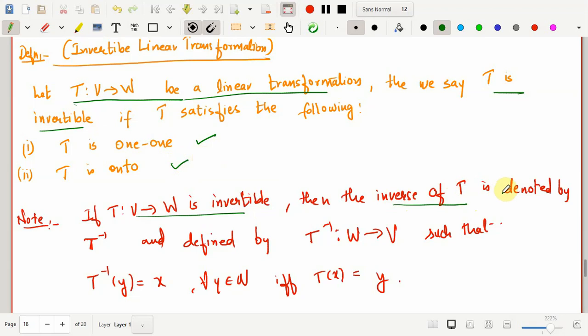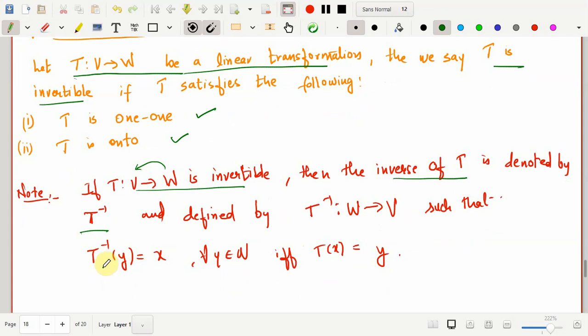The inverse of T, which is usually denoted T inverse, T raised to minus 1, is defined by a mapping from W to V in a reverse way, with the property that T inverse of y equals x for every y belonging to W if and only if T of x is equal to y.